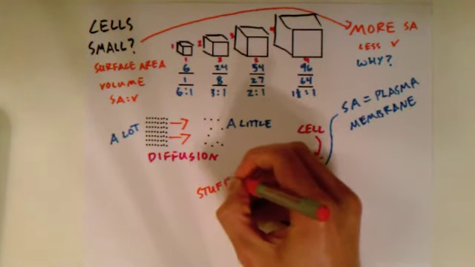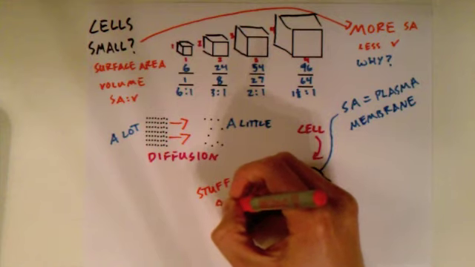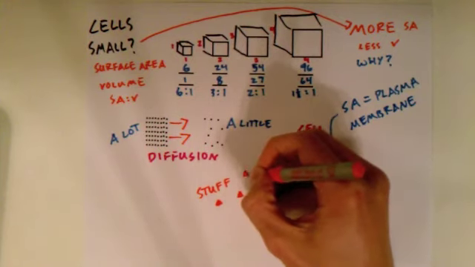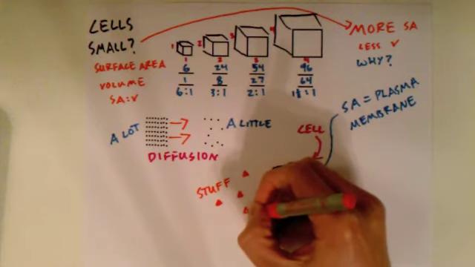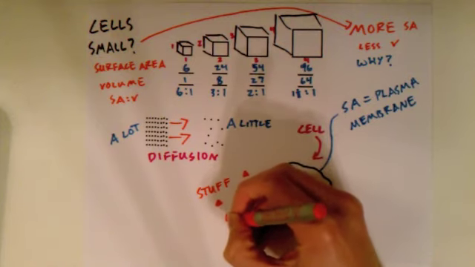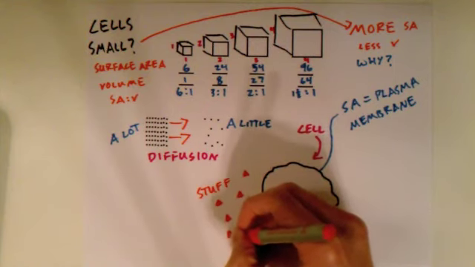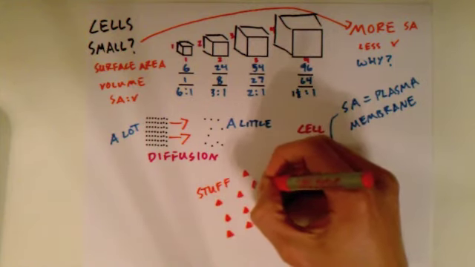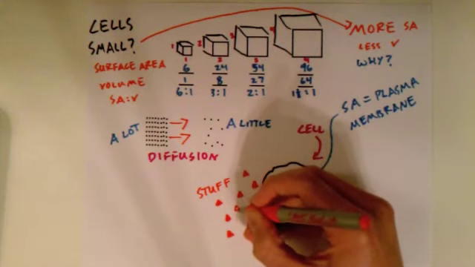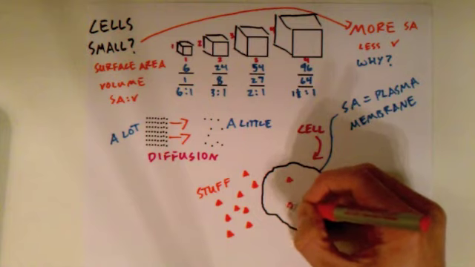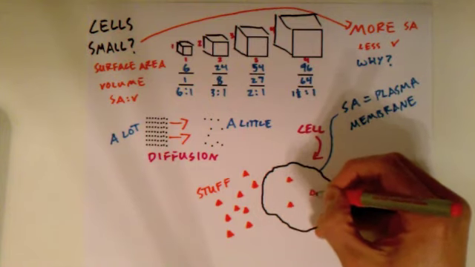This could be salt or some other molecule. We're just going to call it stuff and draw it with these little orange triangles here. So we have a lot of stuff on the outside of the cell and just a little bit of it on the inside.